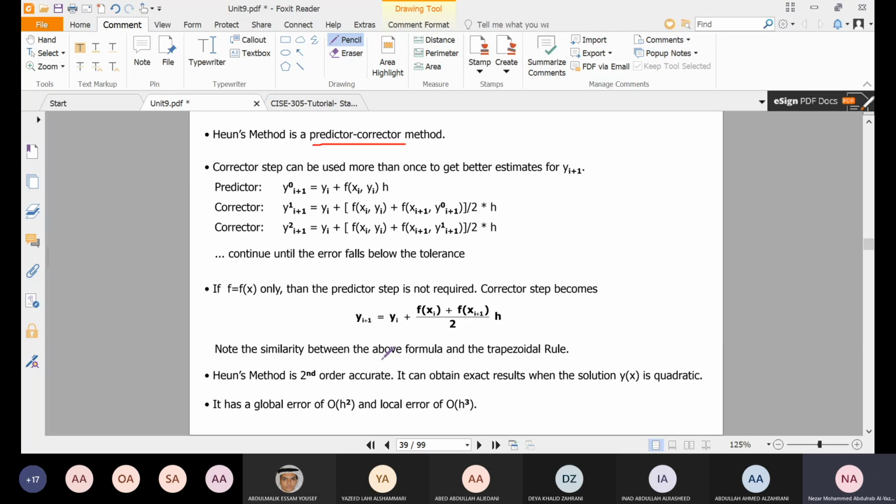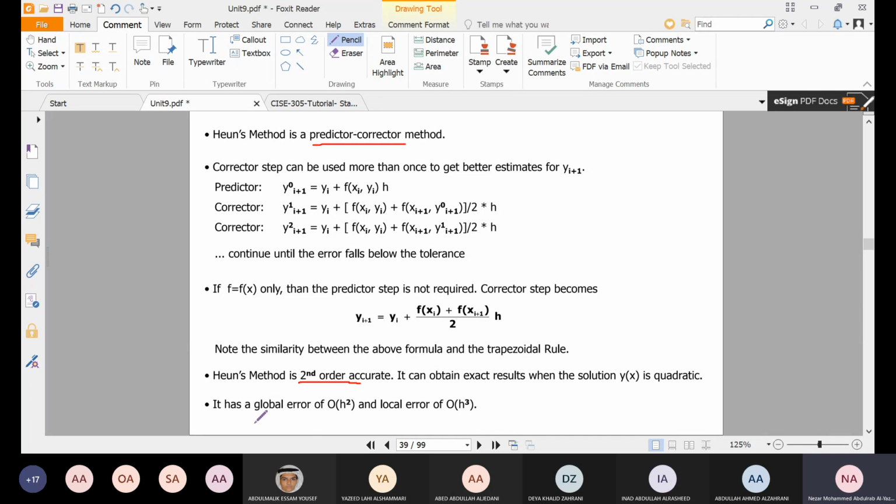So this method provides good accuracy if we compare it with the Euler method. The accuracy of Heun's method is order 2, that means O(h squared). Also, it can obtain the exact results when the solution y is a quadratic polynomial.